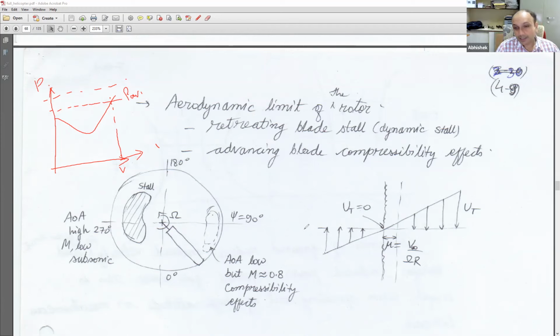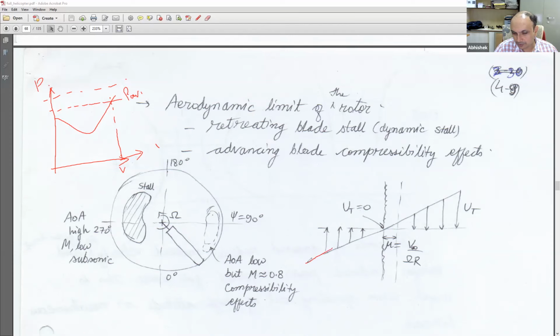Right. Unlike airplanes, when airplanes are stationary, the tip Mach number for an airplane is 0, and the forward speed and the Mach number exactly match for a fixed wing airplane. But that is not true for a helicopter, and that's what is shown here.